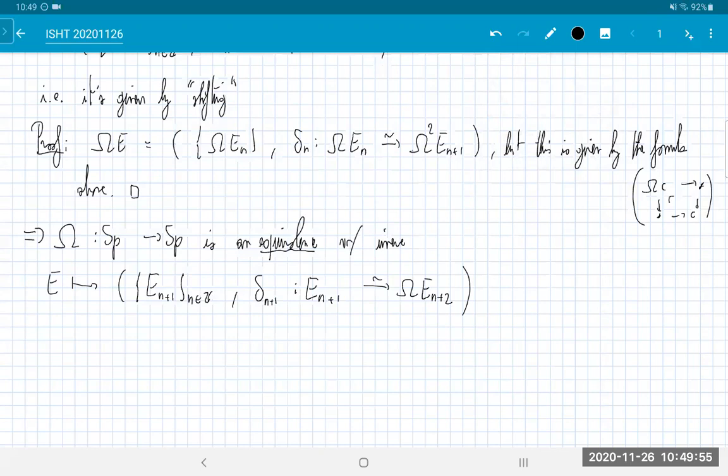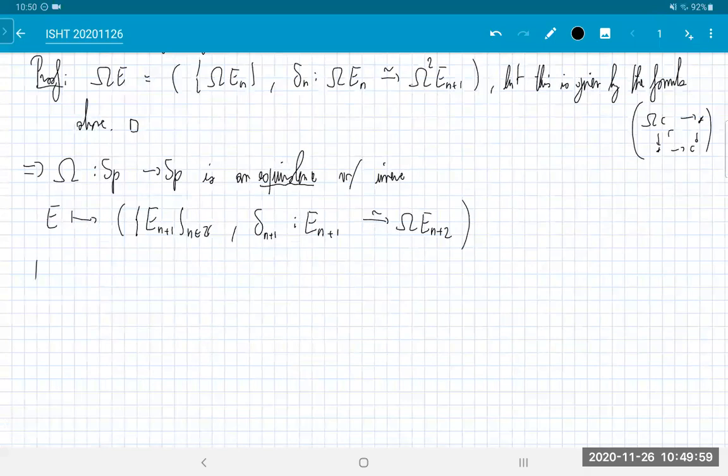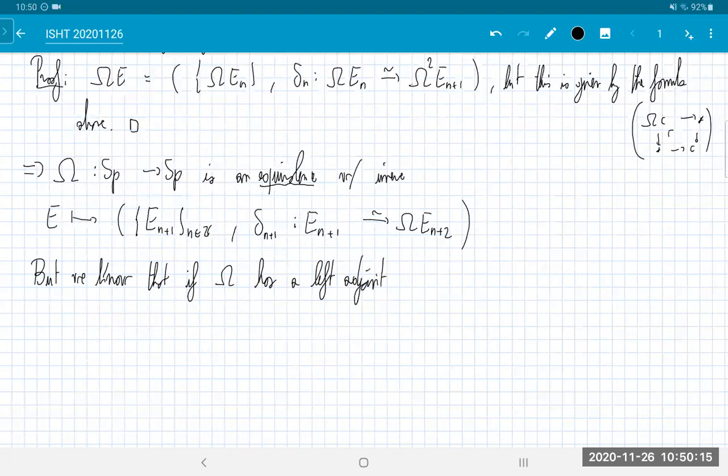And the point is, we know that if omega has a left adjoint, this is given by the suspension, which is the pushout along this other map.